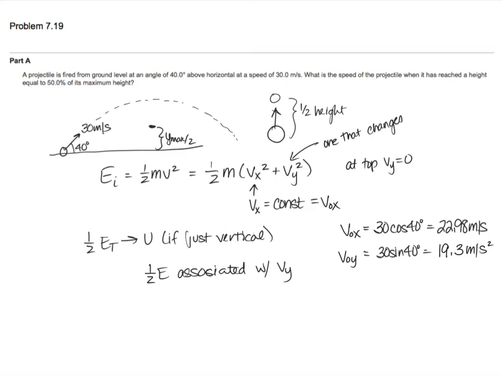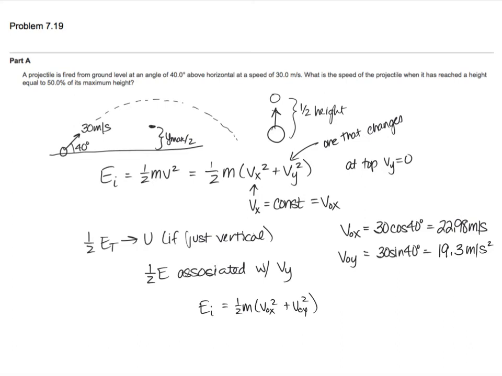19.3 meters per second. And so what we're going to say is, there's an initial piece of the potential energy. So the initial energy is 1/2 m times v naught x squared plus v naught y squared.